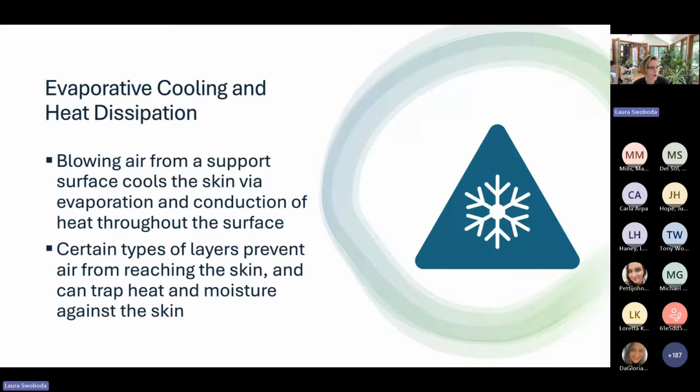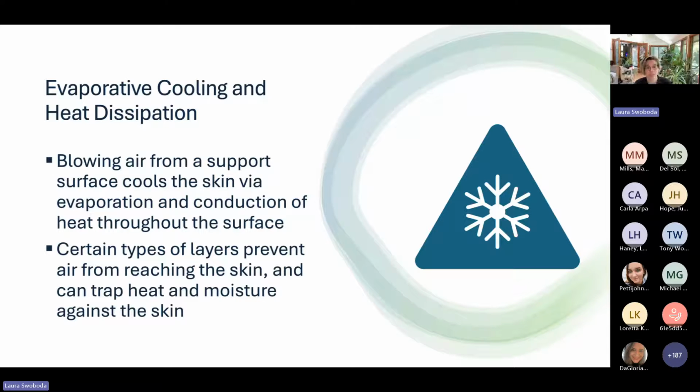Think about a nuclear power plant. In a lot of them, that's how they're cooling those reactors, is that they have just tons of water that's cooling, dissipating the heat from that. And the same thing is what we're doing when we're blowing air against the skin. So we're cooling it, and we're also removing the moisture, decreasing that coefficient of friction. So through evaporation and conduction of heat throughout the surface, the therapeutic surface.